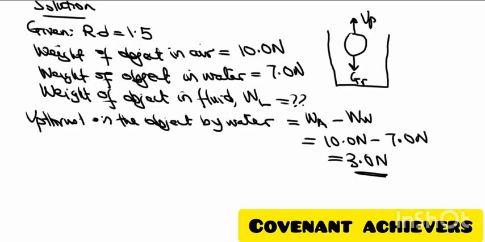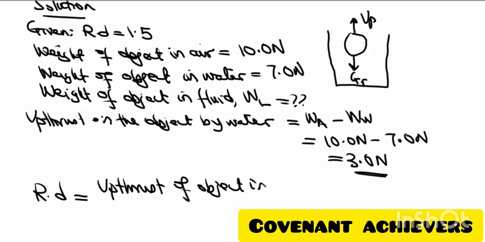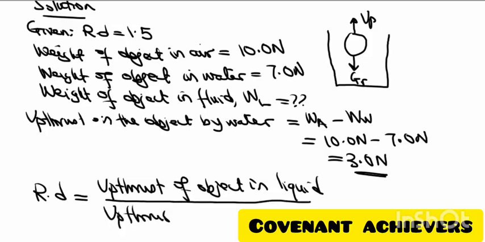The relative density is equal to the upthrust of the object in the liquid, because the object is in the liquid, divided by the upthrust of the object in water.